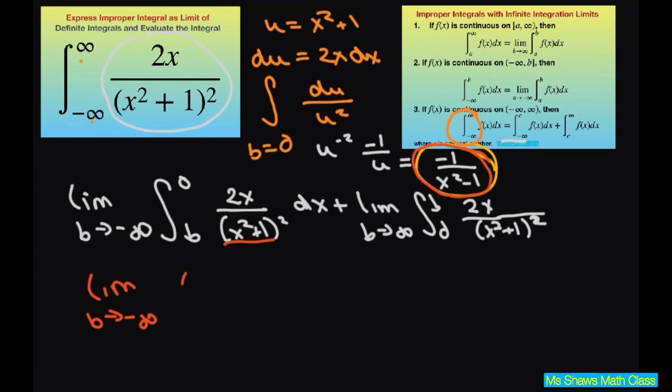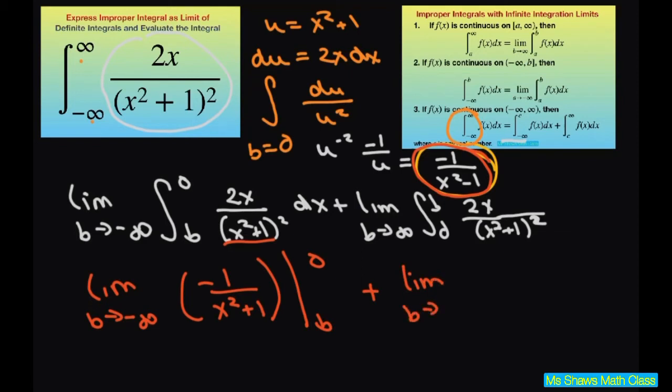So this is going to be negative 1 divided by x squared plus 1, and we're evaluating it from b to 0, plus the limit as b approaches infinity. And we have negative 1 divided by x squared plus 1, and we're evaluating from 0 to b.